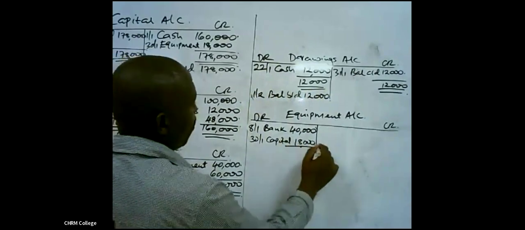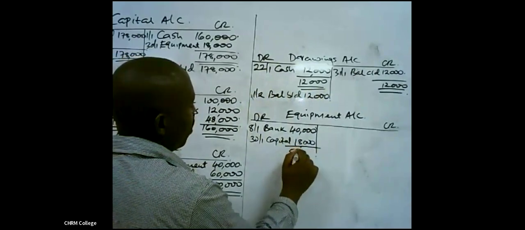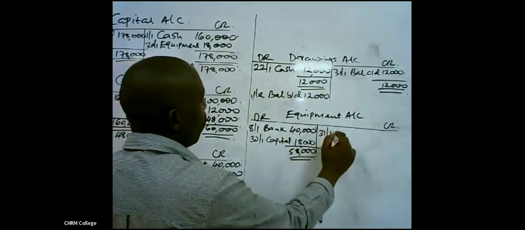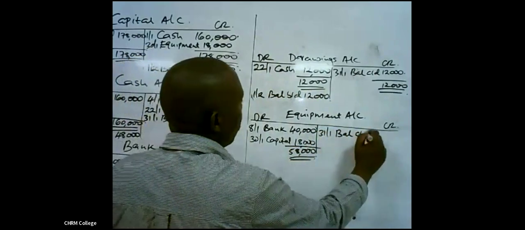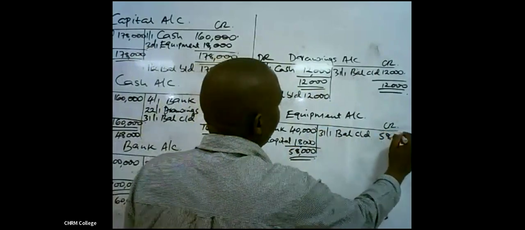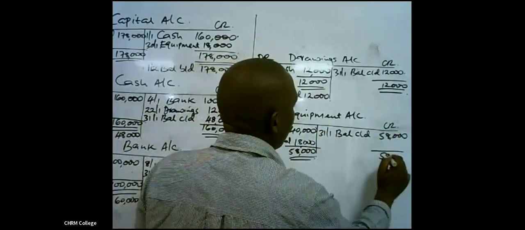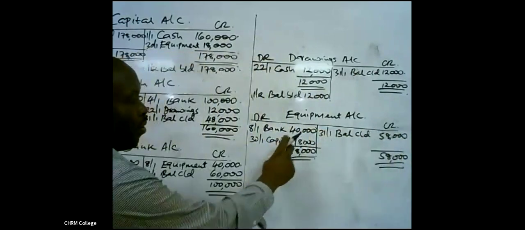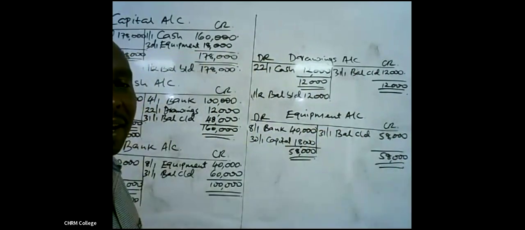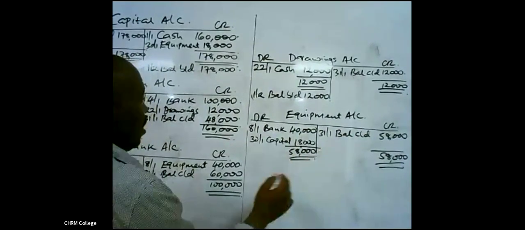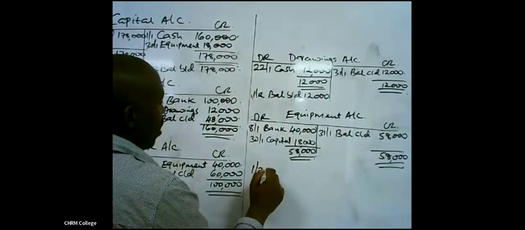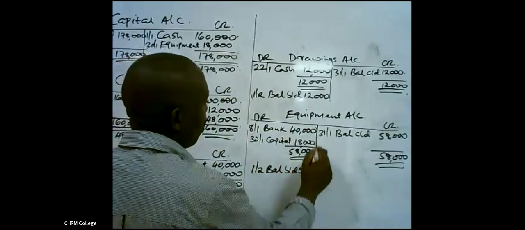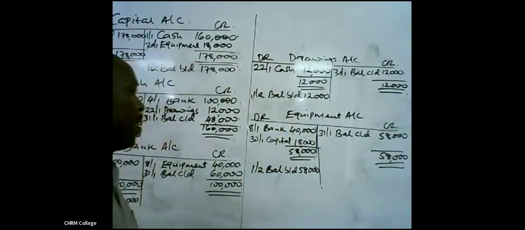Equipment, we have equipment valued at 58,000. So on that 31st of January, the balance carried down is 58,000. So that here we can have 58,000. This balance belongs to the debit because it's the debit that had 58,000 more than the credit. So 1st of February, the balance brought down is 58,000 on the debit.